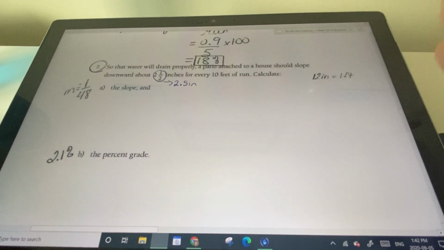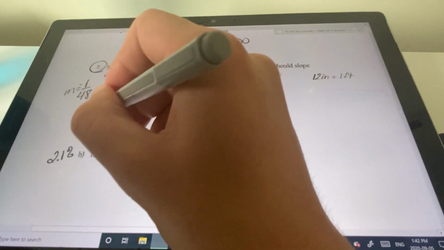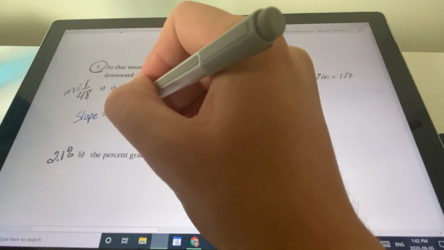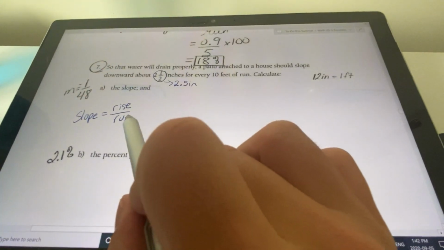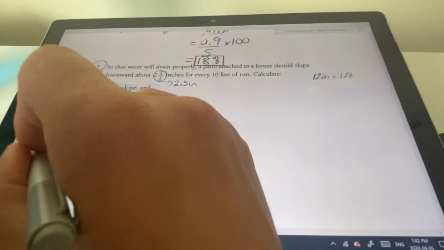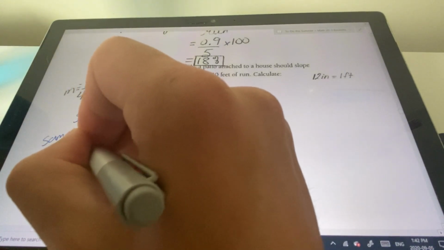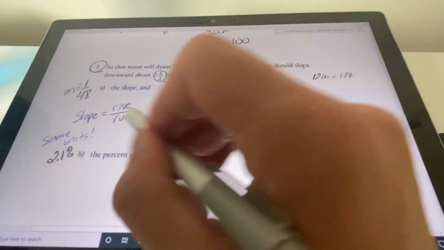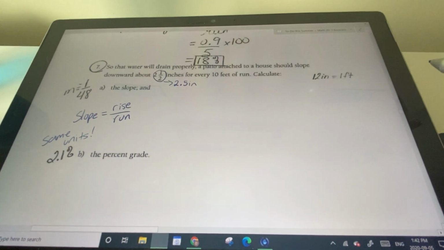This is really important to understand. When you're doing that initial rise over run, rise and run need the same units. Once you have the slope, you can use different calculations using different units, but for that initial calculation, they need the same units.